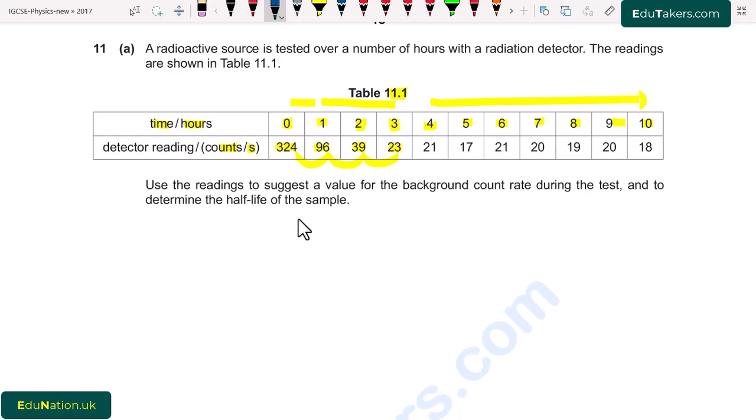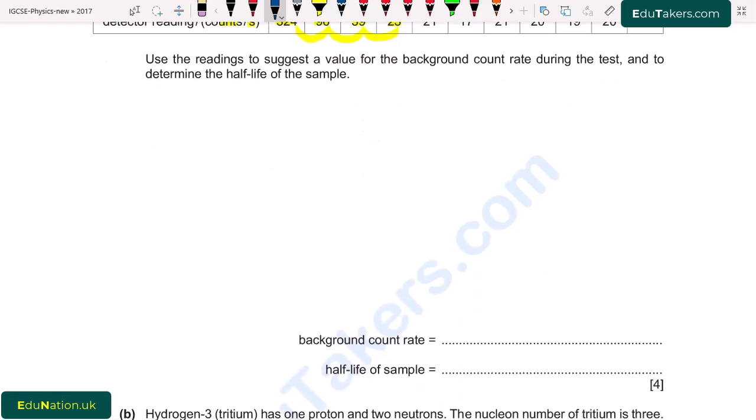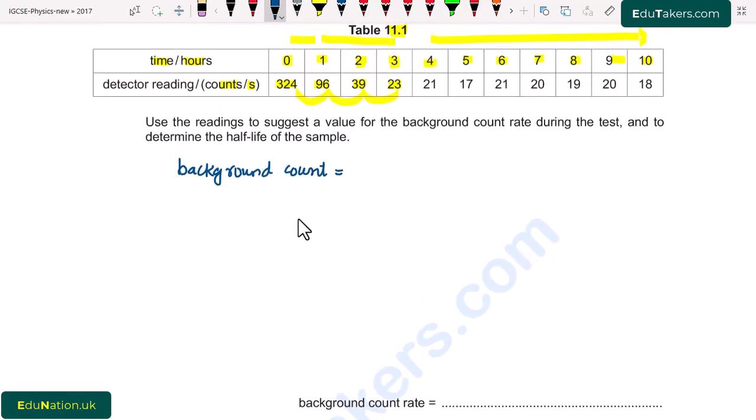So I will write here, background count will be equal to the average of the readings from the 4 to 10 interval.